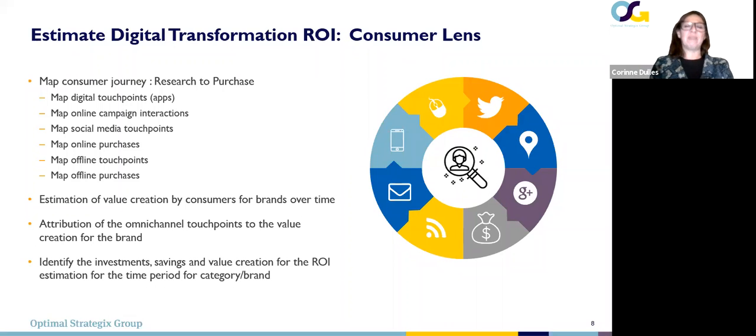Yes, and so as a first step, it is important for us to identify all the touch points that a customer goes through. So you have channels for purchase, which is at the end of the journey. But before that, you have several touch points that influence the journey to those channels. So we need to identify any traction and touch points for all the social media that we have.